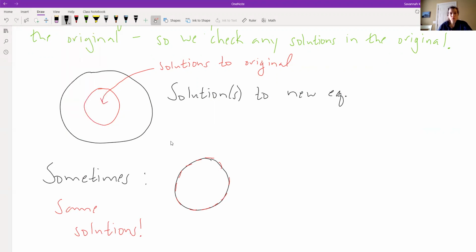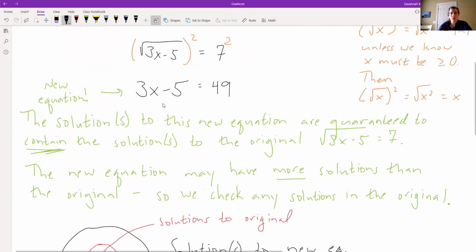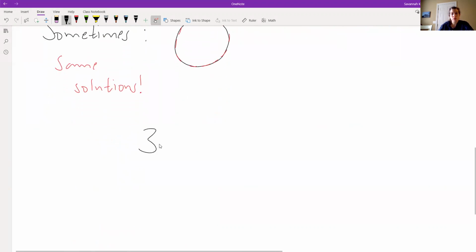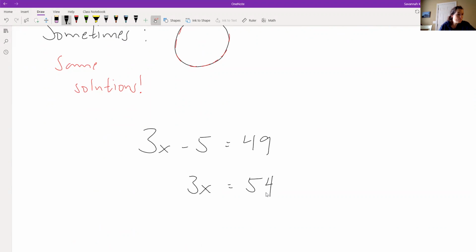So in our problem, if I were to solve this out, so 3x minus 5 equals 49. If I add the 5 over, okay, so this is 8, 16, 24.